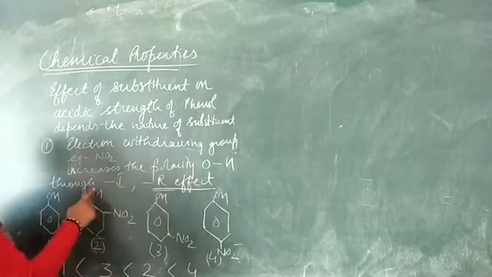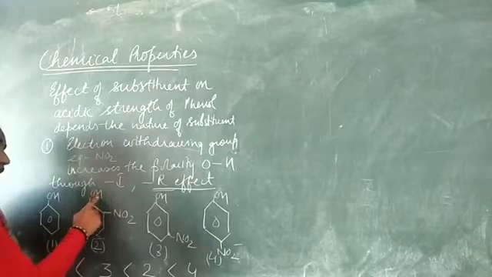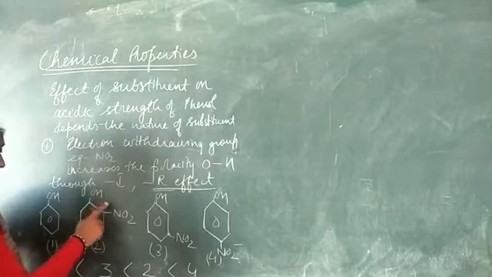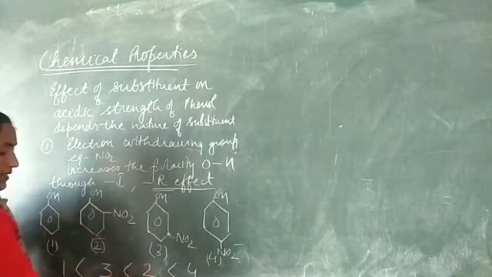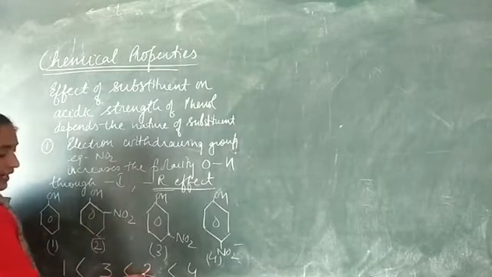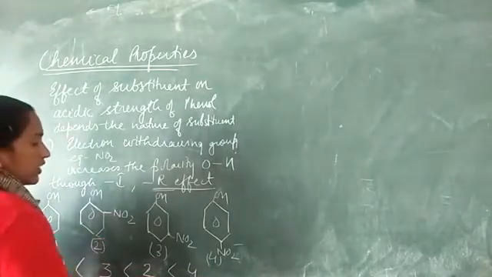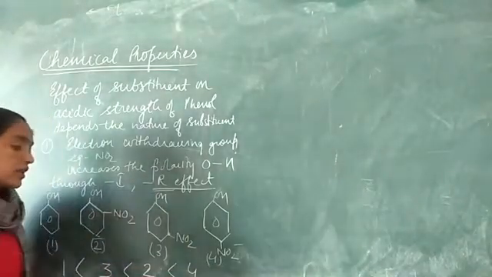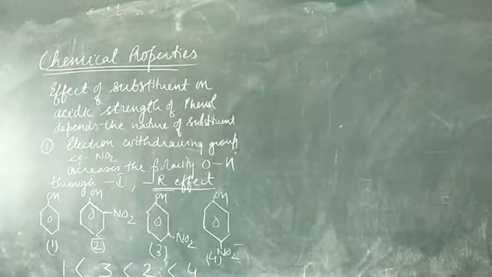As a result, the release of proton gets reduced, right? The fourth one is paranitrophenol, and among these four it is the strongest acid.